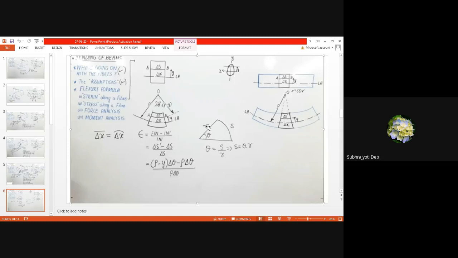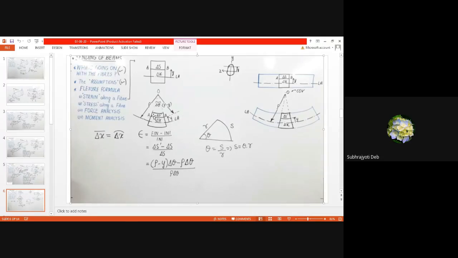This r is known as the radius of curvature, and this is the angle theta. So there is a relationship that theta is equal to the length of the arc divided by the radius of curvature, that is, theta is equal to s by r. So what is this arc length s? s is theta into r. This is a basic geometric formula. Okay. The same thing here.